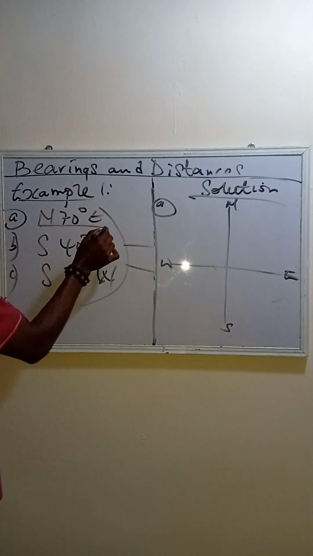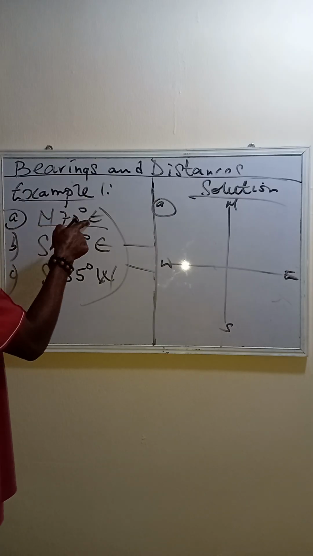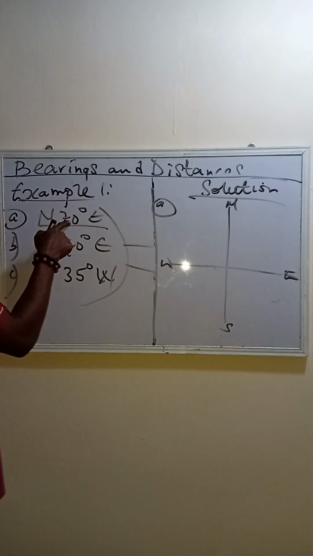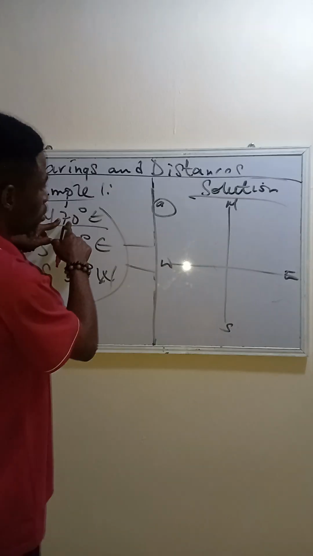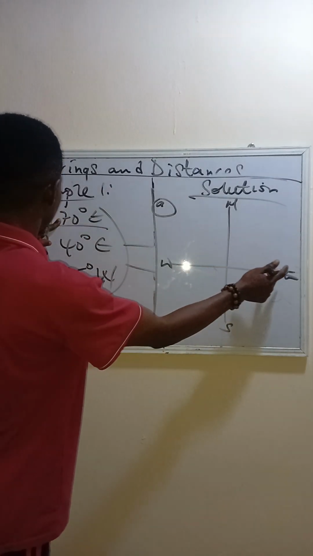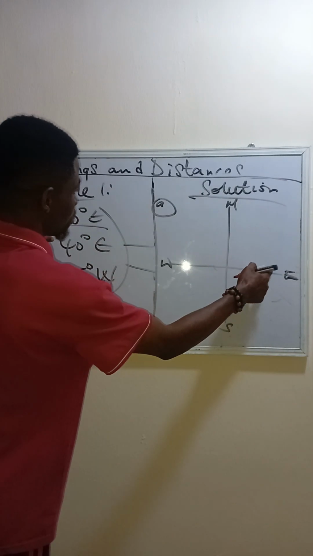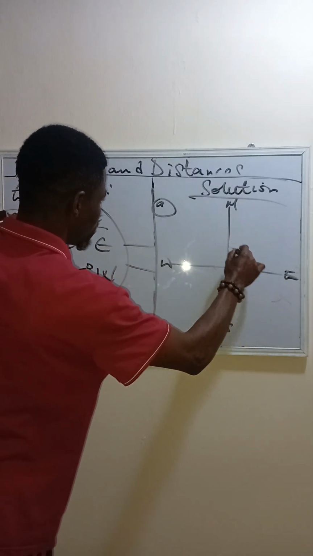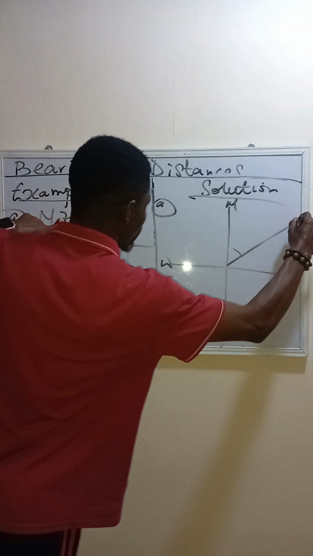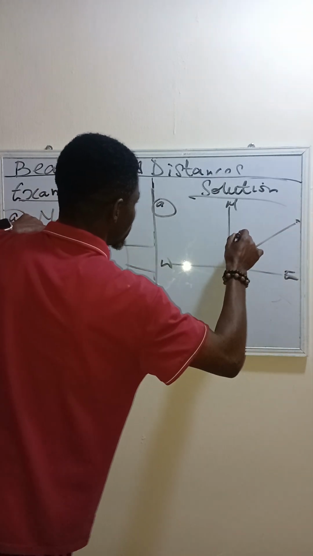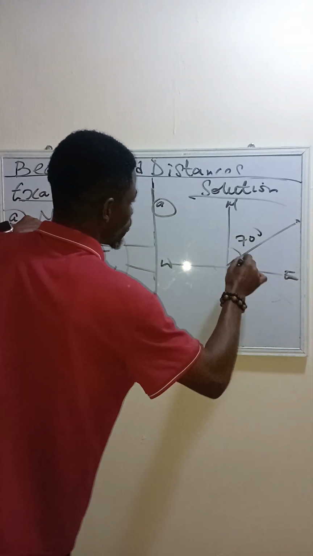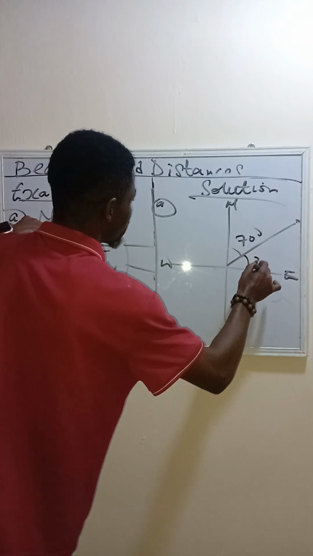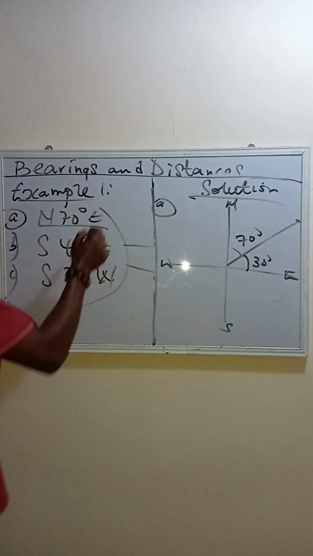Now the first one, 70 degrees east, means you measure 70 degrees towards east. This is the eastern side, and this is the northern side. So draw 70 degrees and go up like this. Here is going to be 70 degrees, while the remaining angle is going to be 30 degrees. This is how to draw this one.